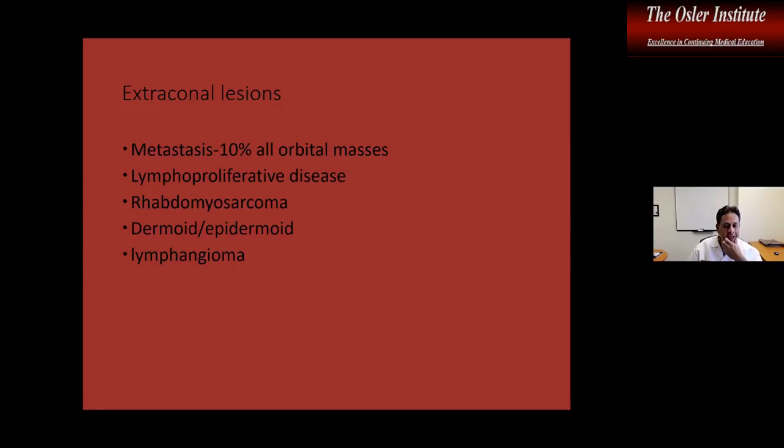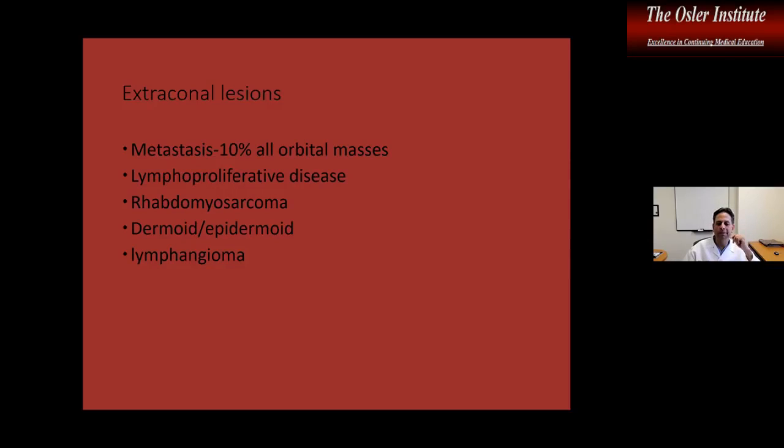But when I opened it up, it sort of looked like a dermoid, but it was bleeding a lot. So I gently resected it and I sent it, and it ended up being a very rare condition, which you guys don't really have to know, called nodular fasciitis, which can occur in the orbit too.